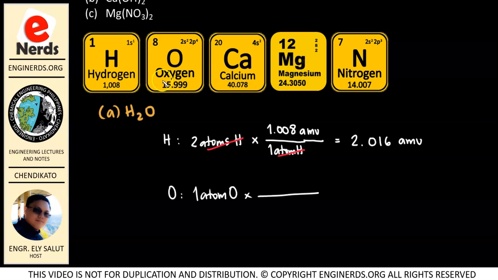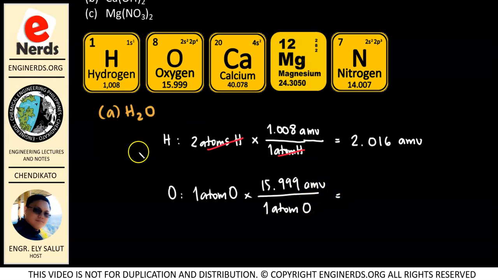Now, using our periodic table, you can see the atomic mass, which is 15.999. So, every 1 atom of oxygen, we have 15.999 atomic mass unit of oxygen, diba?